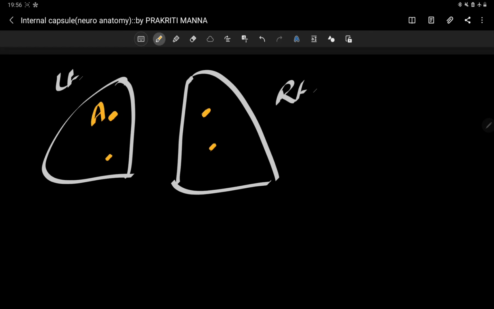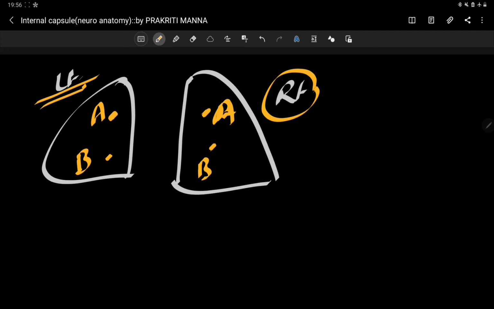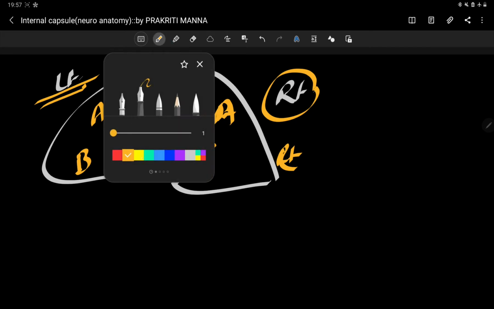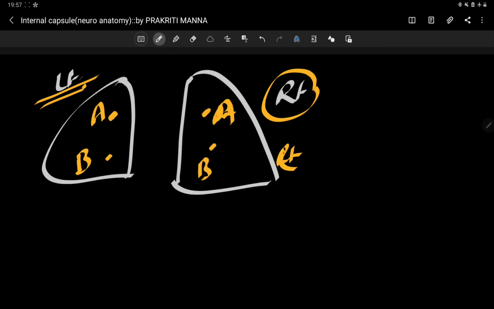Let's imagine this is area A of the left cerebral hemisphere, this is area A of the right cerebral hemisphere, and this is area B for the left and this is area B for the right. Now the A region of the left hemisphere is connected with the A region of the right hemisphere through one white fiber. This fiber is called a commissural fiber.